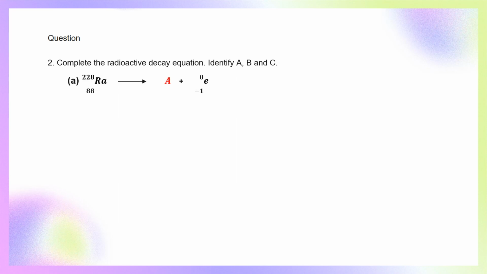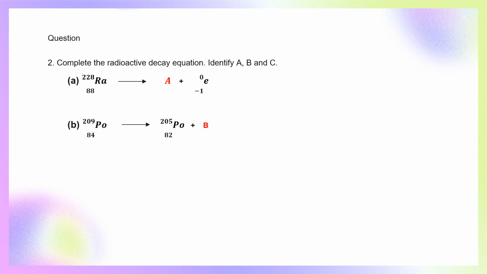Next, question number 2. Complete the radioactive decay equation and identify A, B, and C. Let's look at the question. For A, Ra-228 with proton number 88 will undergo the decay process and will produce A plus a beta particle.